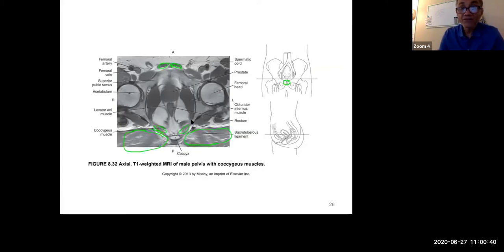You move further toward anterior, so you're still inside, you are going to see obturator internus, and then the obturator externus. You go further toward anterior, you are going to see some of the muscles that start and act on your lower extremity, and they are none of our interest. Okay? You do not need to know them.